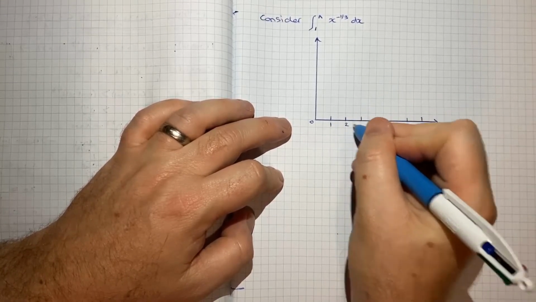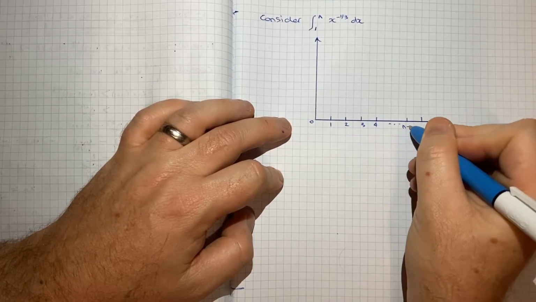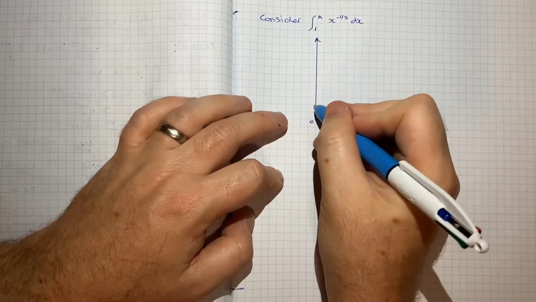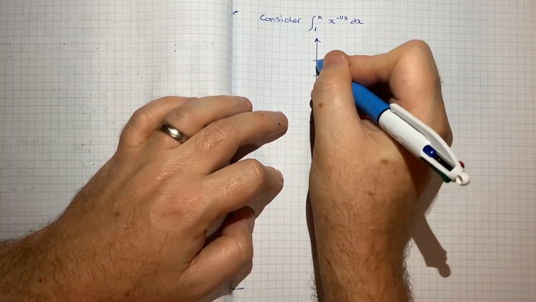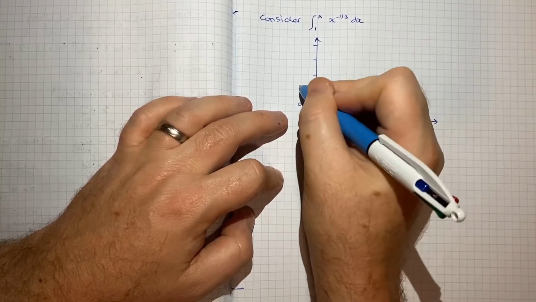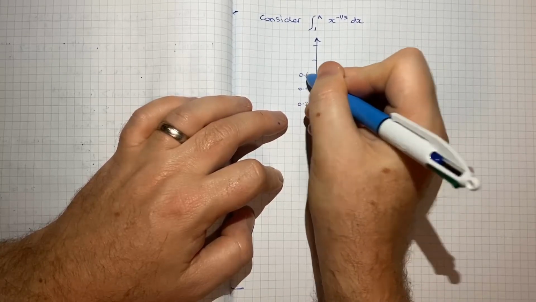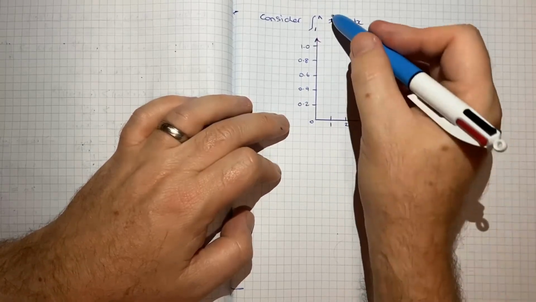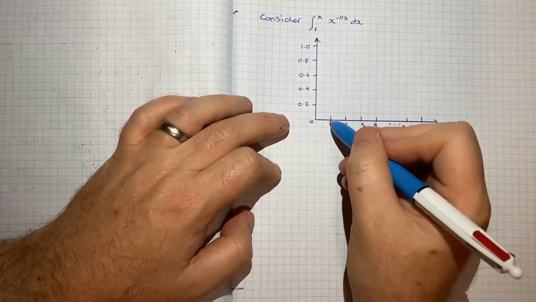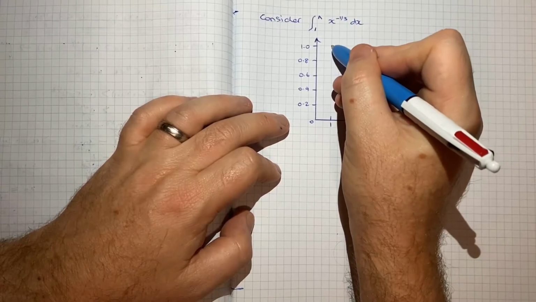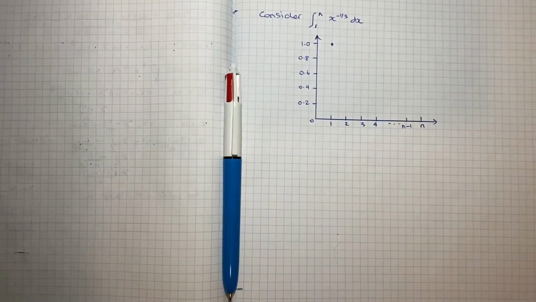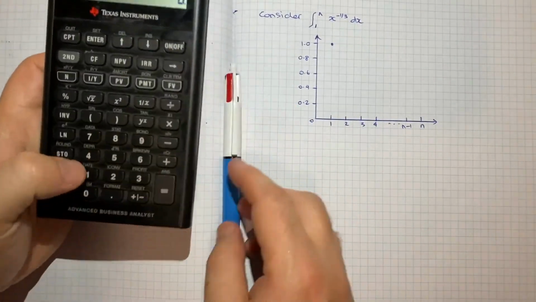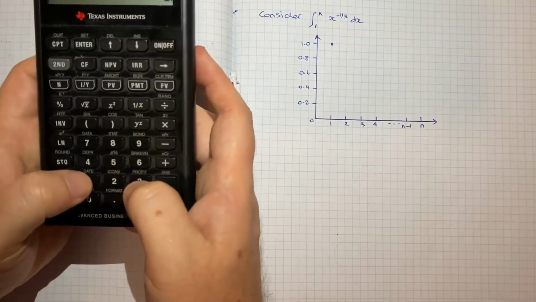So we'll go 1, 2, 3, 4 up to n. We'll go 0.2, 0.4, 0.6, 0.8 and 1. Very similar to what we've done before. Let's just plot some points. So 1 to the power of anything is 1. We'll just use the calculator. If you've watched earlier videos you would have seen this, but I'll just do it again.